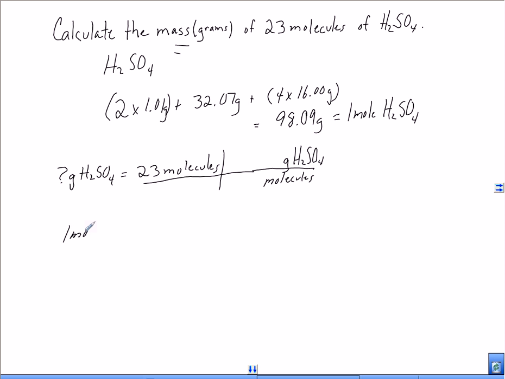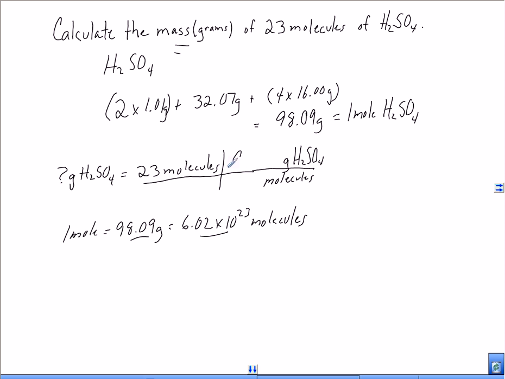Well, I know that 1 mole of H2SO4 is equal to 98.09 grams of H2SO4, which is also 6.02 times 10 to the 23rd molecules of H2SO4. There's a conversion factor that I can use.